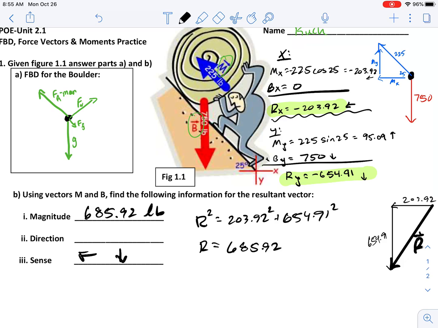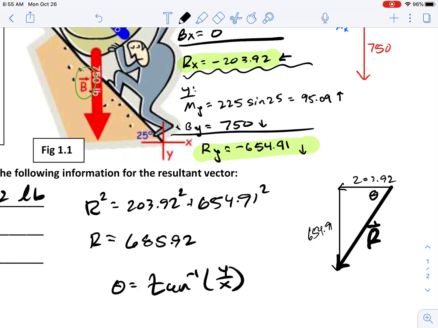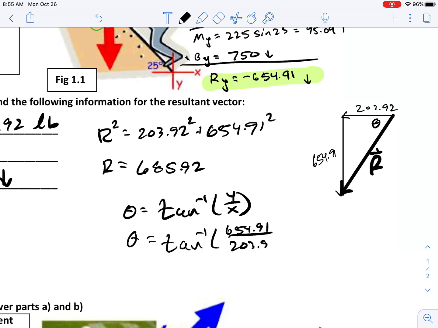And then the direction, this is an angle. And so we need to find this angle right here, this theta. And so theta is going to be the inverse tangent of the y over the x. So theta equals the inverse tangent, in this case, of 654.91 over 203.92.